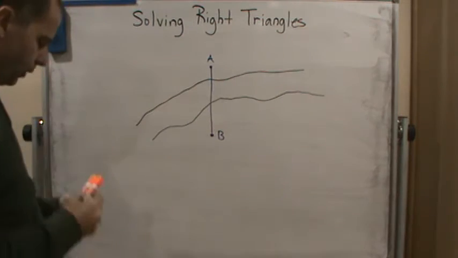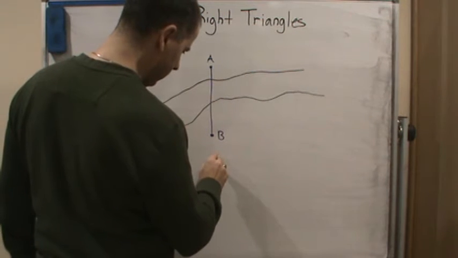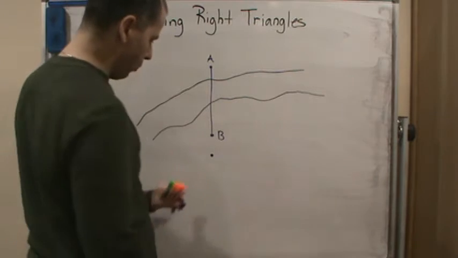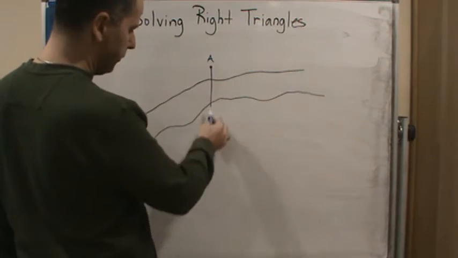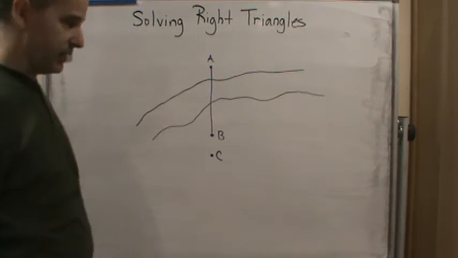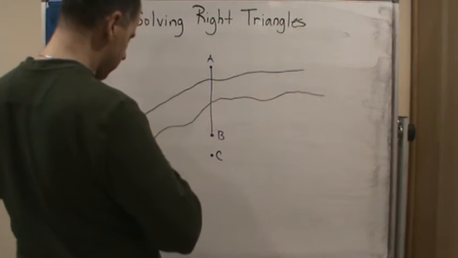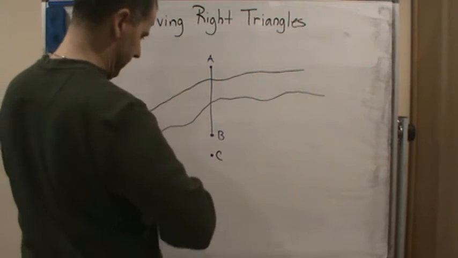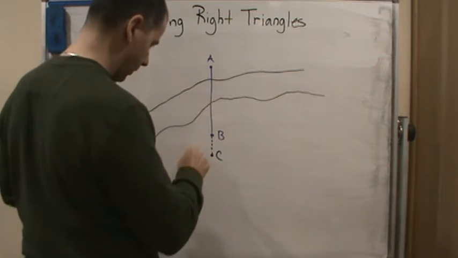Okay, and so what they do is they pick a point beyond B that when they stand here, B and A line up perfectly. And they'll call this, let's say, position C. So now, what happens? Well, now they've got this point.